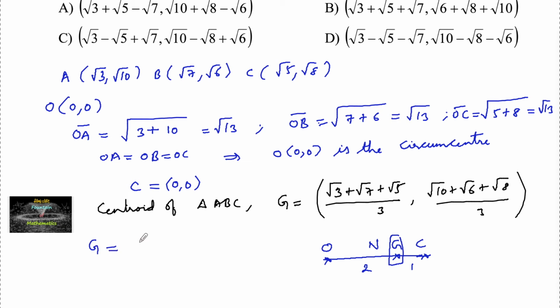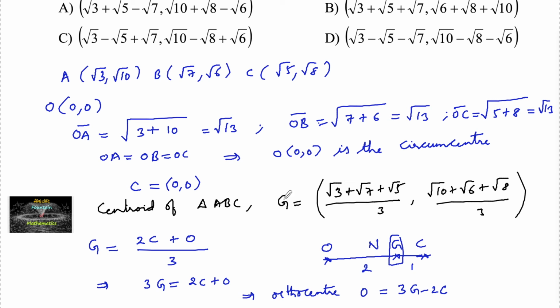Centroid is equal to (2 times circumcenter plus 1 times orthocenter) divided by 2 plus 1, that is 3, or also we can write 3 times centroid is equal to 2C plus O, or orthocenter O is equal to 3G minus 2C.